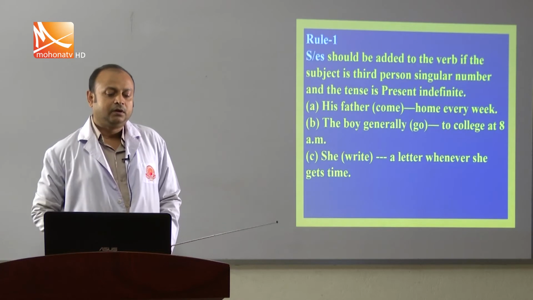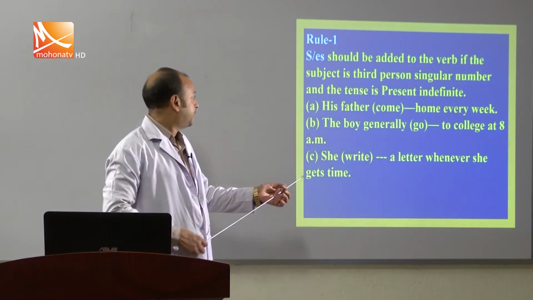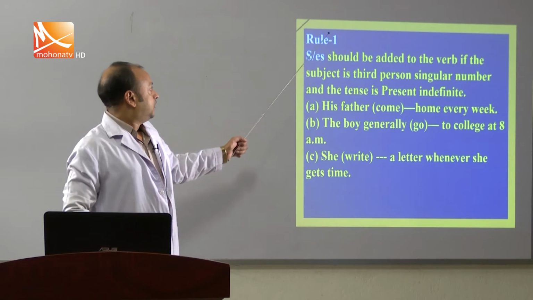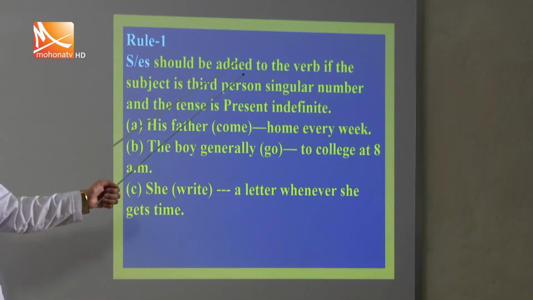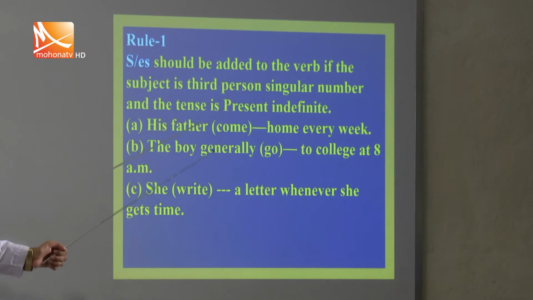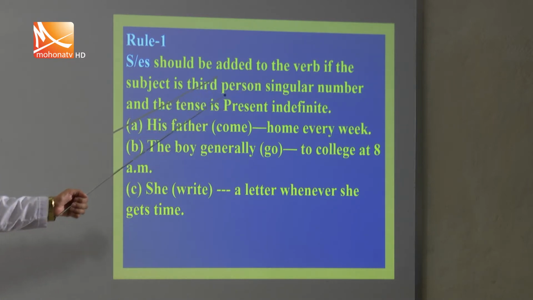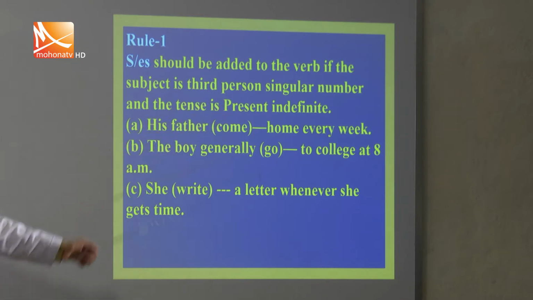So, if we like to know about the rules, number 1: s or es should be added to the verb if the subject is third person singular number and the tense is present indefinite. So, to use s or es with the basic form of verb, we have to be keen on two items especially.